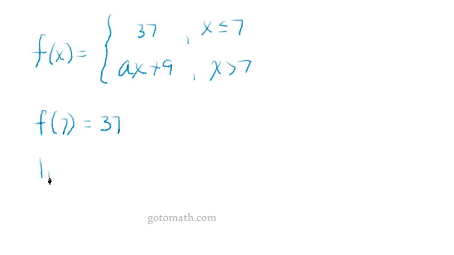Alright, then the next thing we have to test, of course, 7 is what we're interested in, and this would be this part of the function, ax plus 9. Now remember that both of these must be equal to each other, and if they are, then we could say that this thing is continuous at x equals 7, but it's also continuous everywhere else.